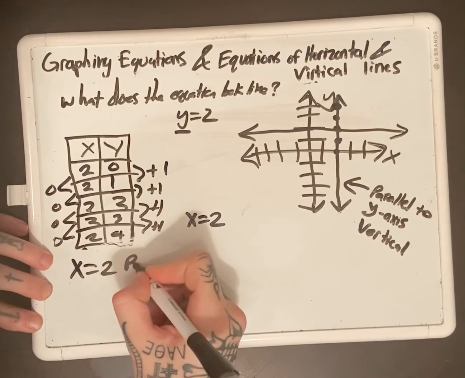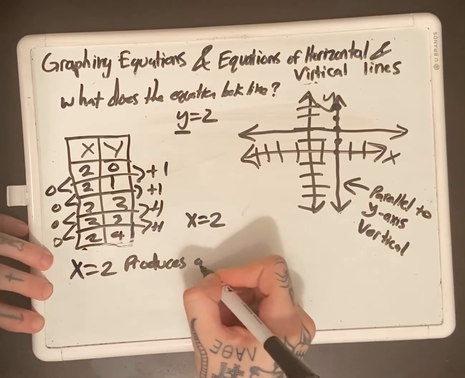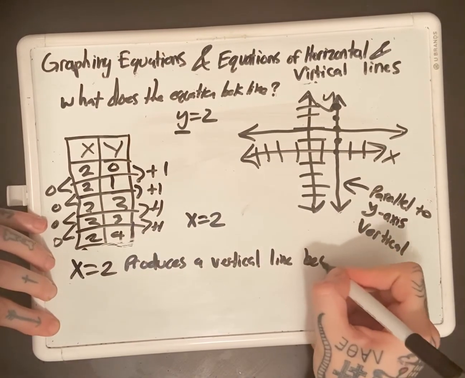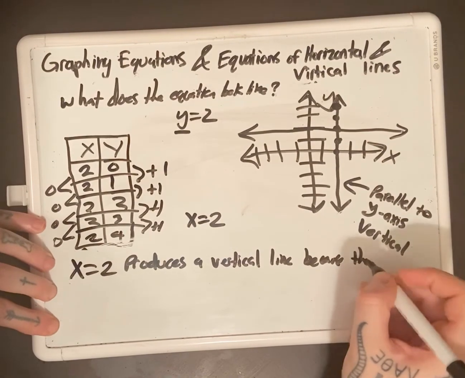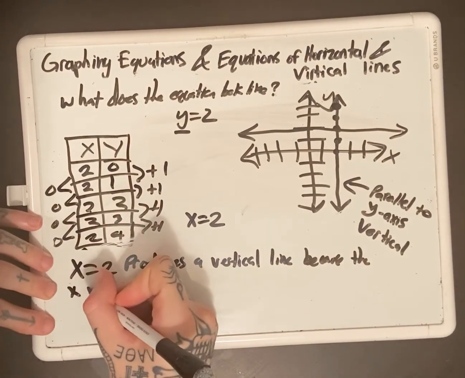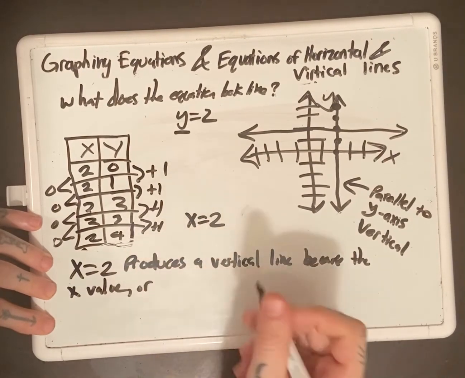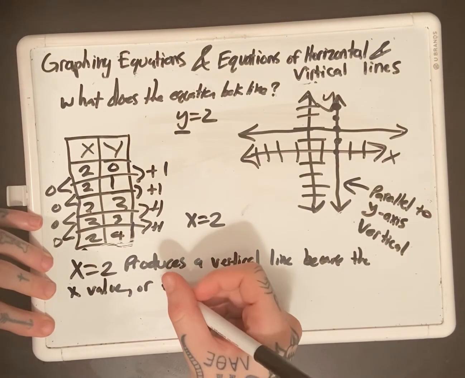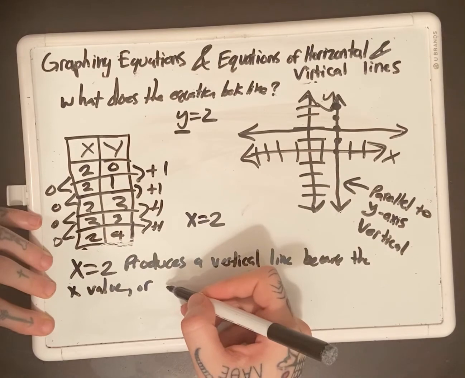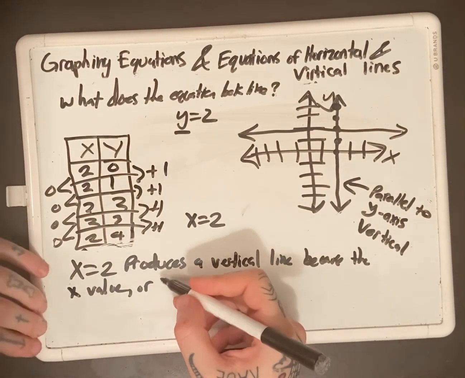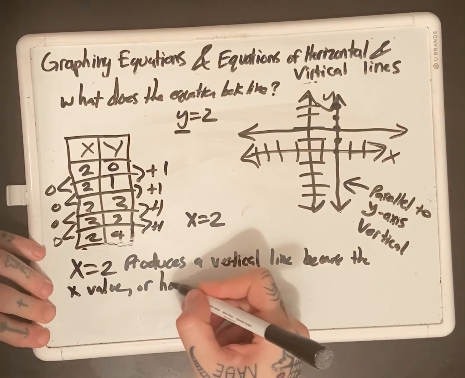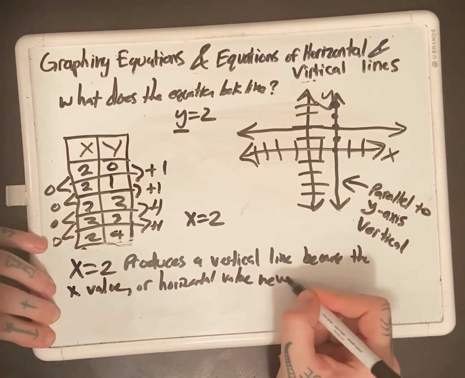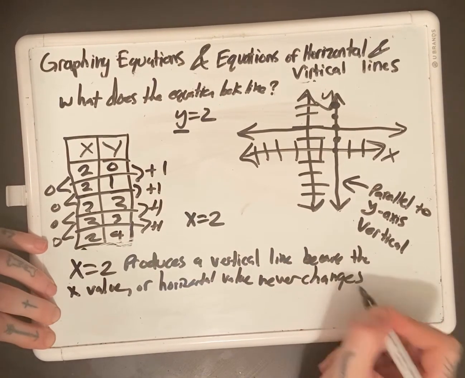X equals 2 produces a vertical line because the x value, or horizontal value, never changes.